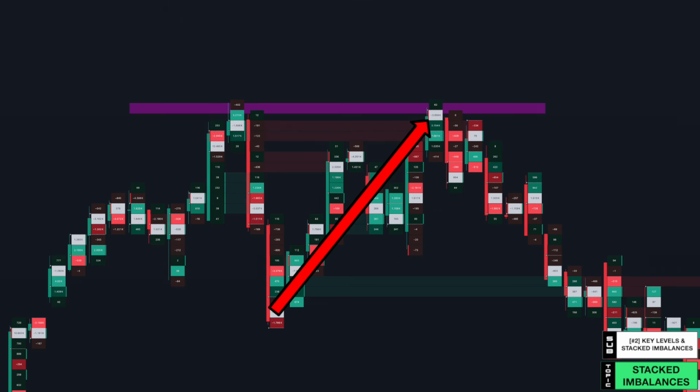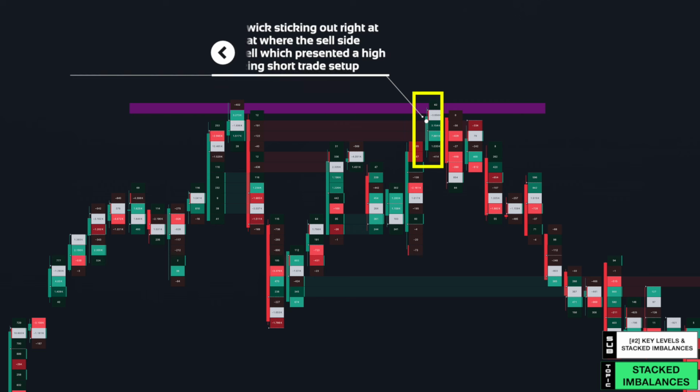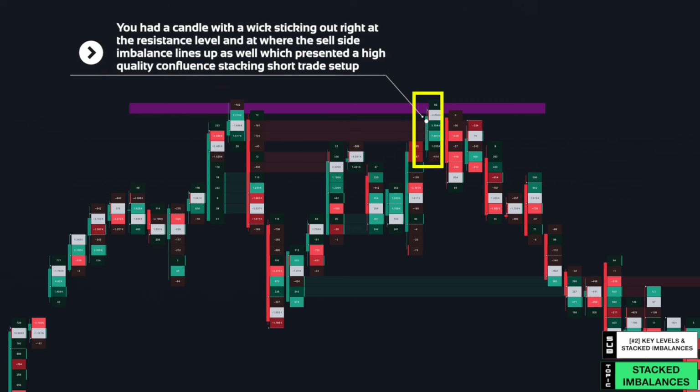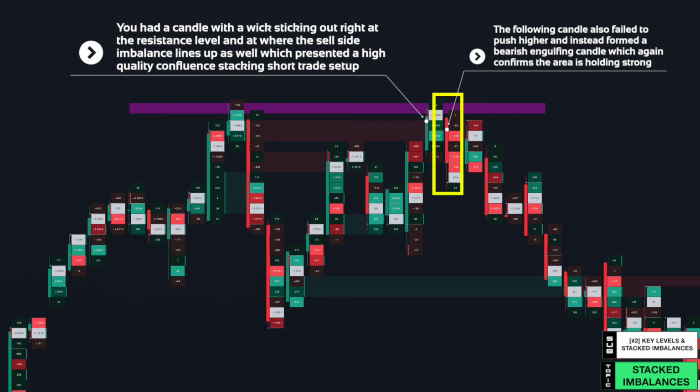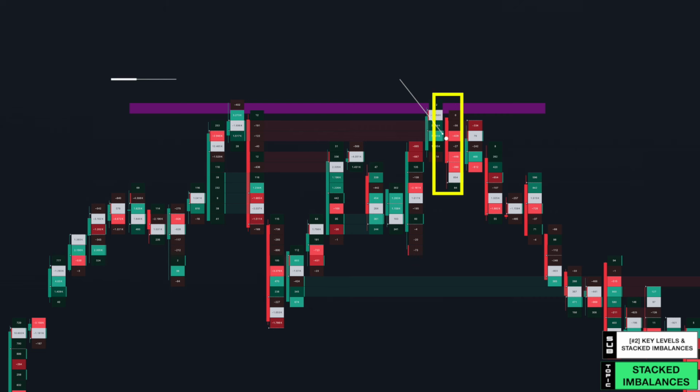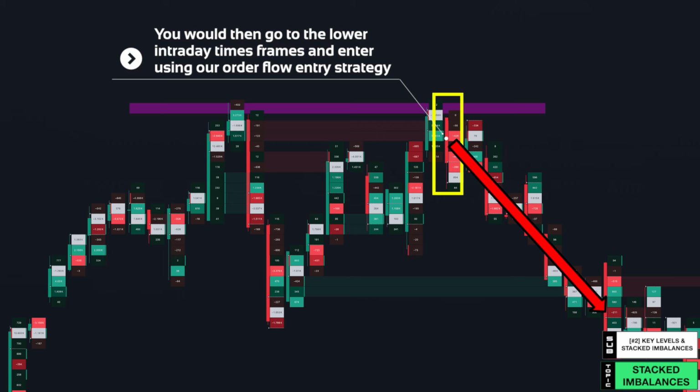When price came back up, you had a candle with the wick sticking out right at the resistance level and where the sell-side imbalance lines up as well, which presented a high-quality, confluent stacking short trade setup. The following candle also failed to push higher and instead formed a bearish engulfing candle, which again confirms the area is holding strong. You would then go to the lower intraday timeframes and enter using our order flow entry strategy.